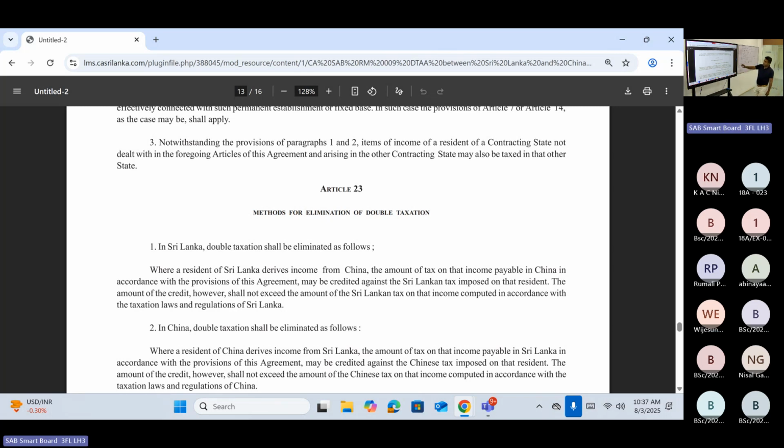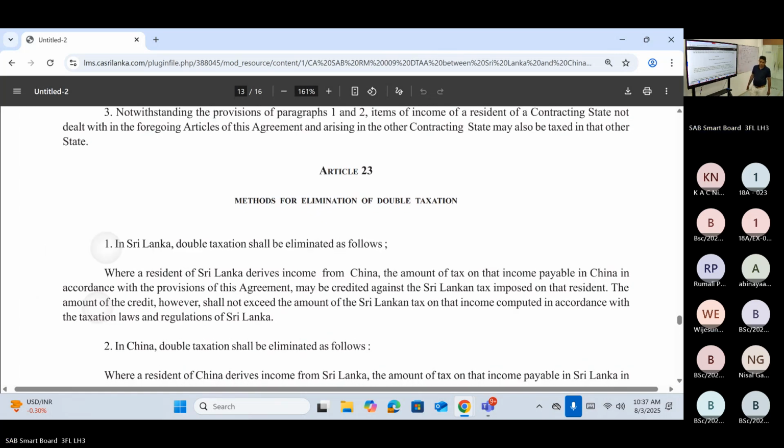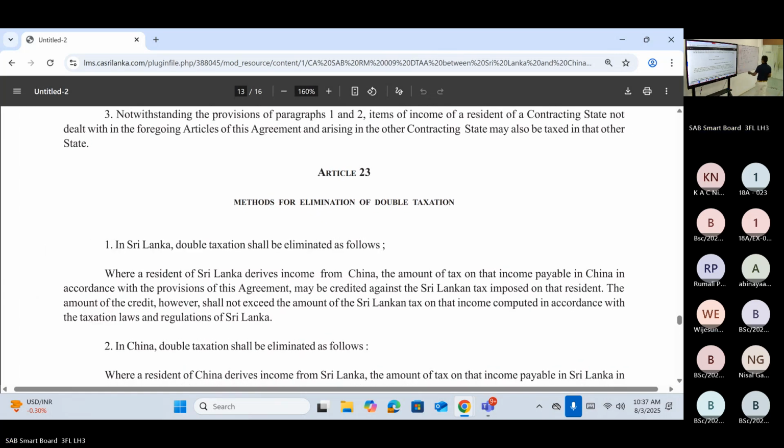It's a resident of Sri Lanka getting income from China, right? So we'll explain again. Where a resident of Sri Lanka, the diagram is there. A resident of Sri Lanka is receiving income from China.